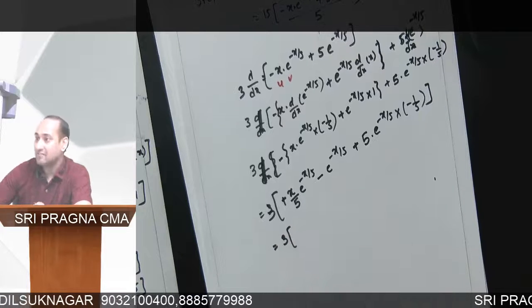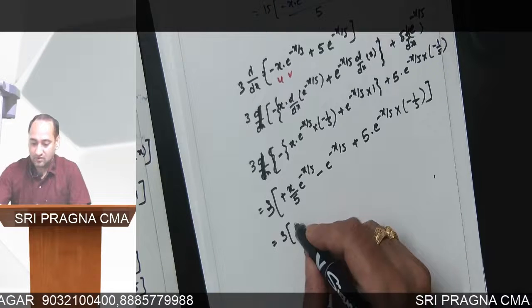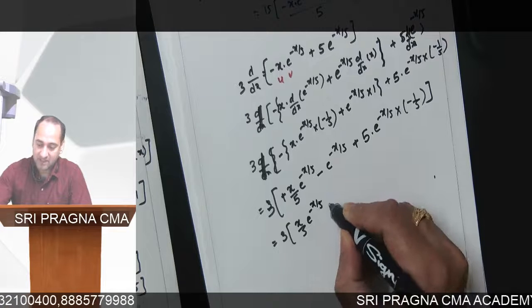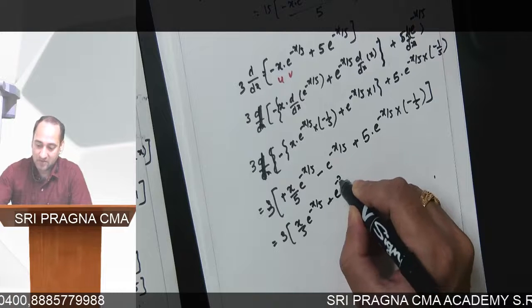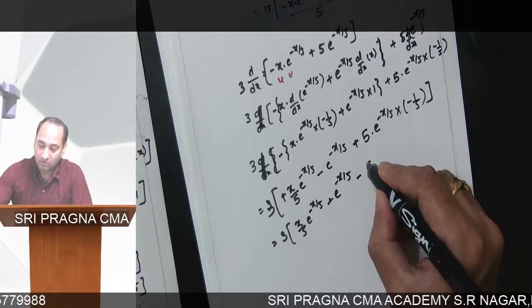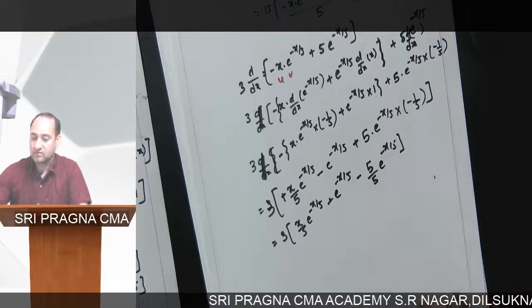So this time what will happen in the exam, some mistakes will happen out of this. Okay. So x by 5 e to the power minus x by 5 minus e to the power minus x by 5, and minus plus become minus 5 by 5 e to the power minus x by 5. Okay.